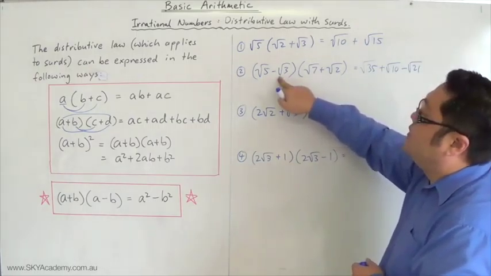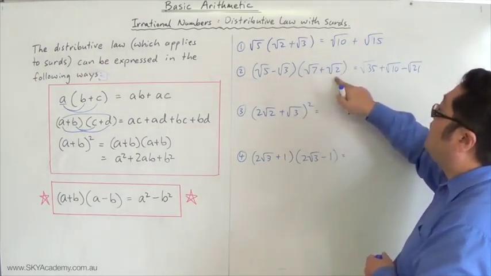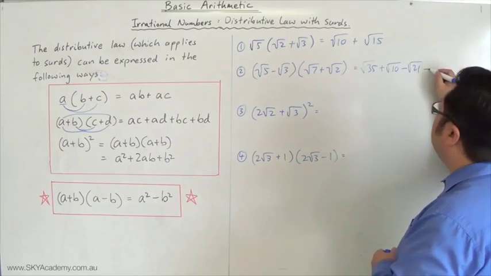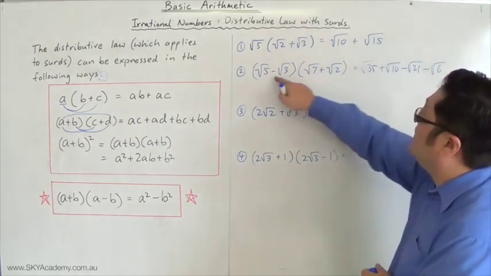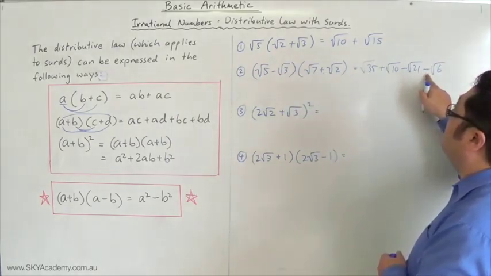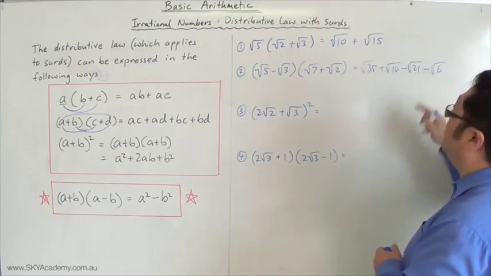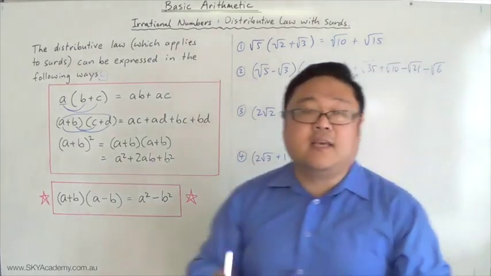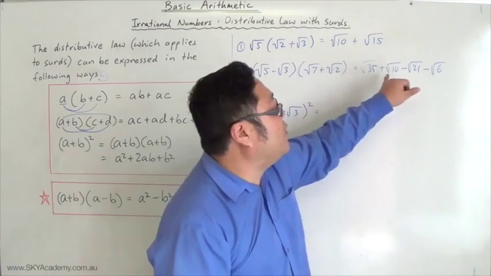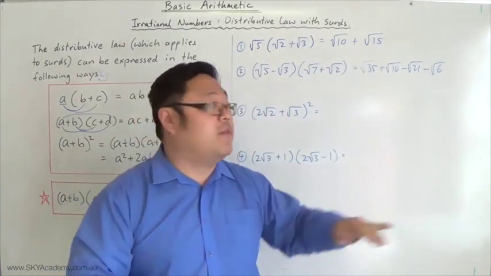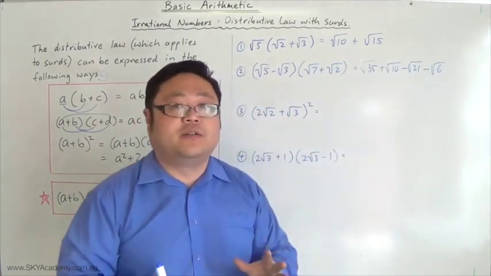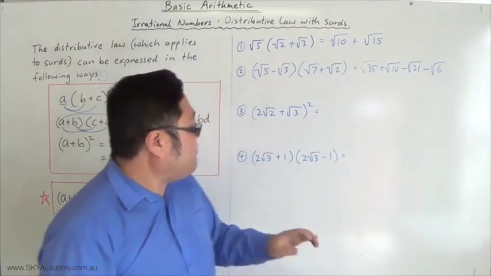Last two: the minus square root of 3 times plus the square root of 2 gives you minus the square root of 6. Minus and plus gives you minus. None of those can be simplified any further, so we can just leave our answer as a four-surd expression. Does that make sense?